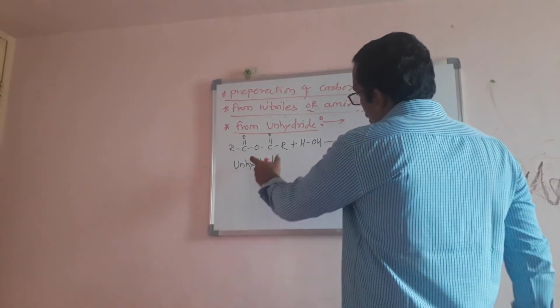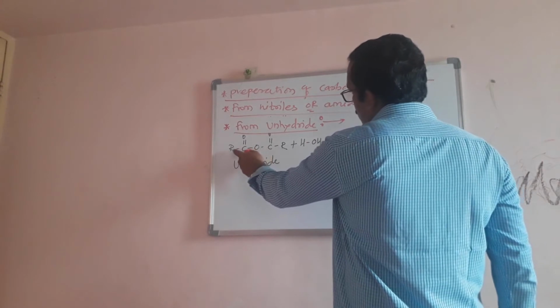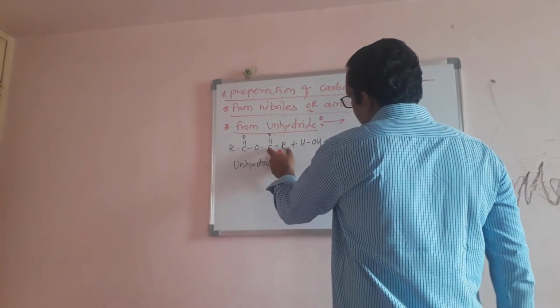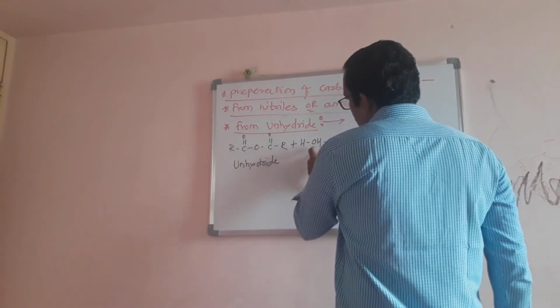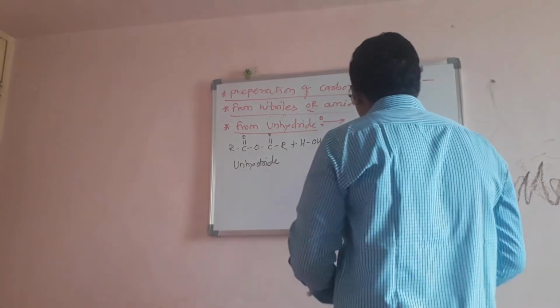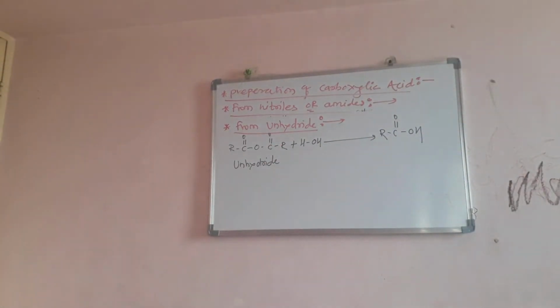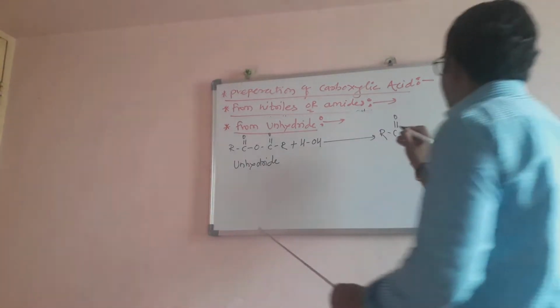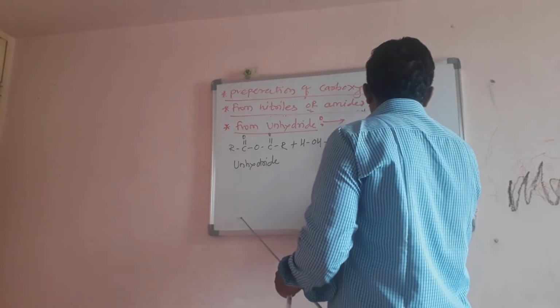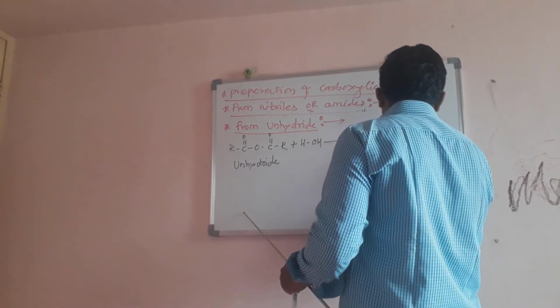There are two carbonyl groups here, and one hydroxyl group is added here and forms the corresponding carboxylic acid, giving two molecules of carboxylic acids.